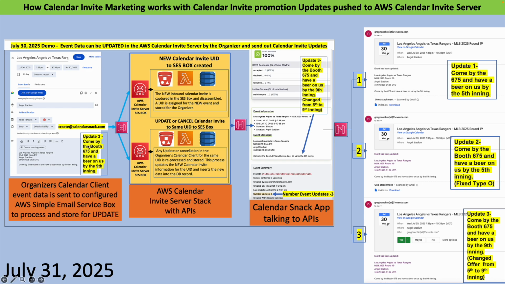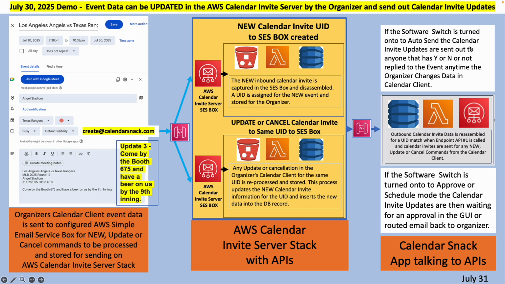I did the demo. I walked you through where update 3 was. I walked you through how updates work and how they're processed and how we stamp the updates here. These are the mechanical updates visually to somebody that has received a calendar invite. They're going to get an auto switch on, and that use case with auto switch on is the top route.